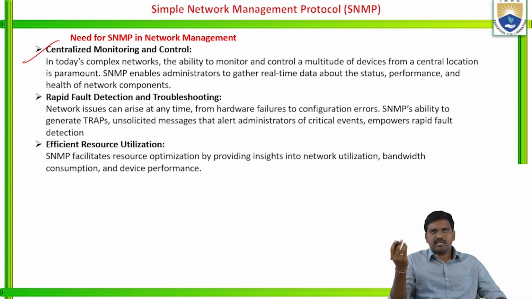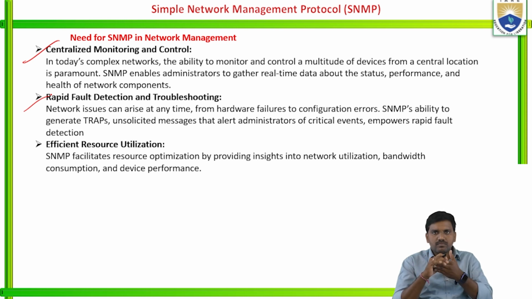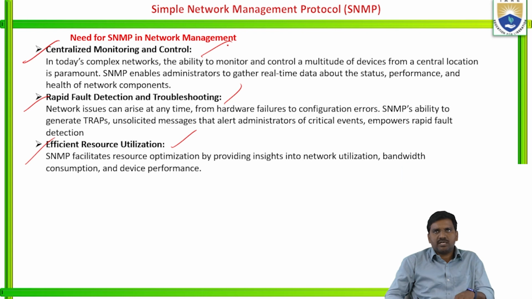The need is centralized monitoring and control. Next, rapid fault detection and troubleshooting: here, to detect errors while transmitting information, and troubleshooting problems can also be detected. Next, efficient resource utilization. It facilitates resource optimization by providing insights into network utilization, bandwidth consumption, and device performance. So these are the needs of SNMP in network management.